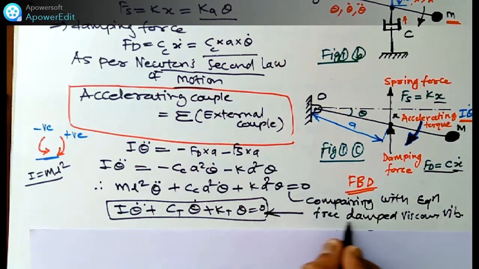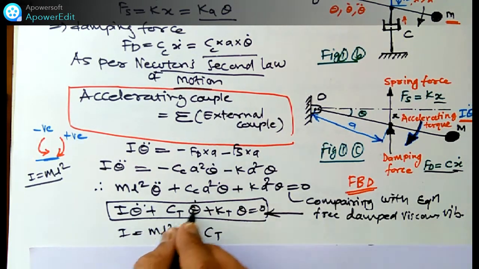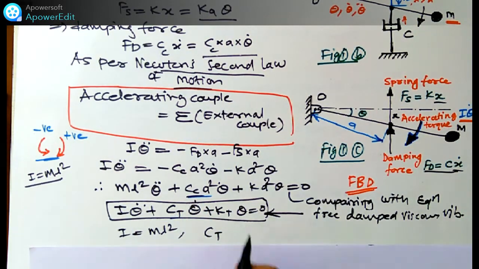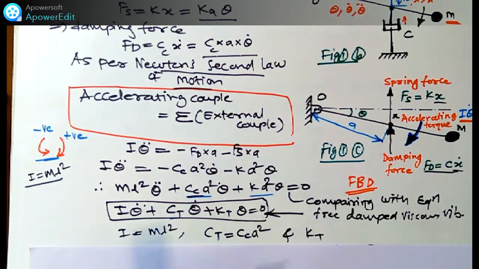So we can write that I is equal to, we know, m L square, and here Ct, I am just comparing this coefficient Ct and this A. The coefficient Ct will become equal to this Cc into A square, and similarly we can write this Kt. This Kt, comparing with this equation, here Kt becomes Ka square.